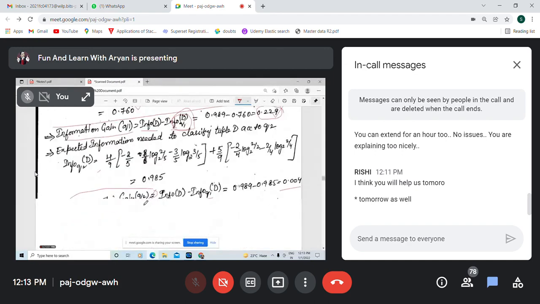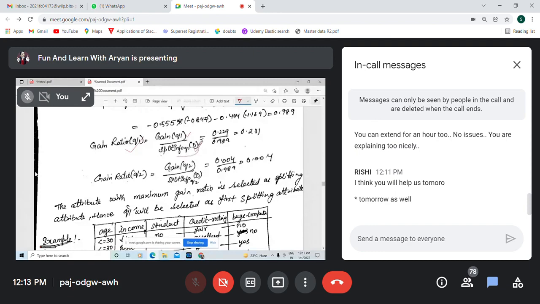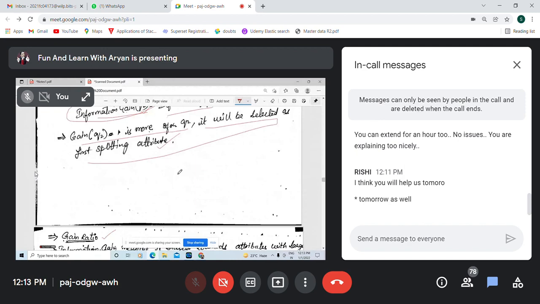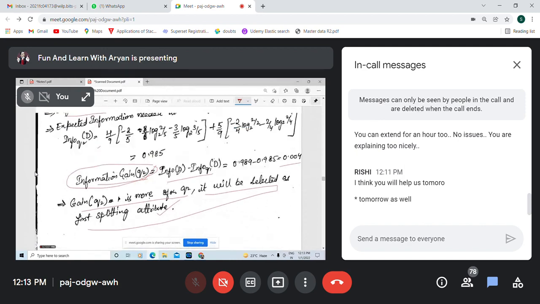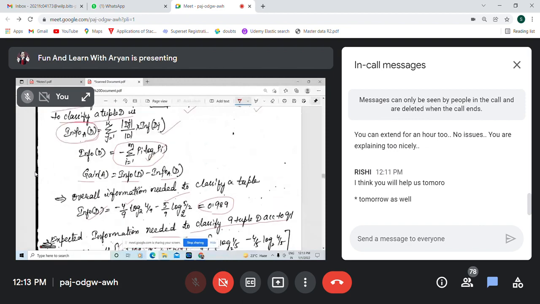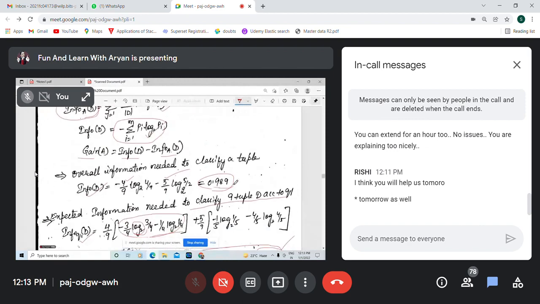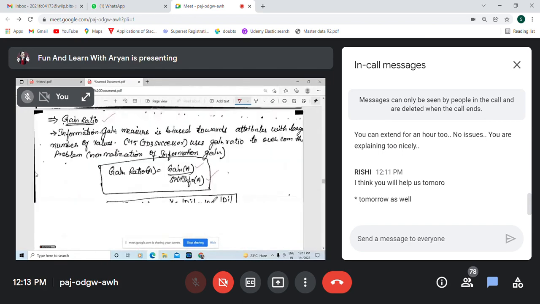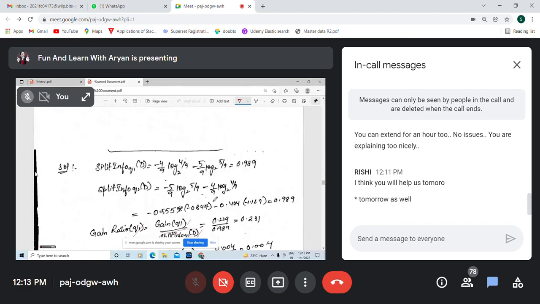So split info for Q1. Yeah, split info means, without, total 0.989. So that's what is written here.